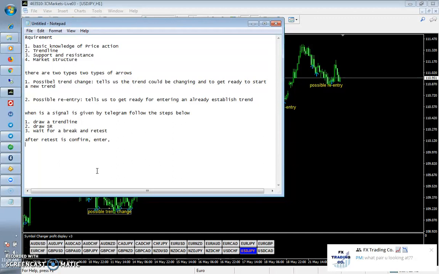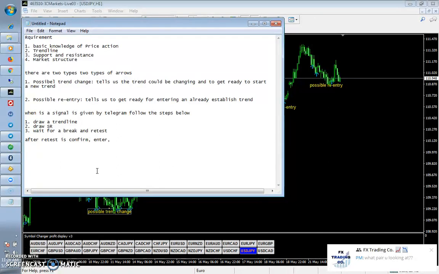The essence of the Telegram channel signals is not for you to just take them as they come, it is to get you on alert for possible reliable signals, and it's your duty to eliminate false signals with the knowledge of trend line, support and resistance, market structure. You can do that easily.